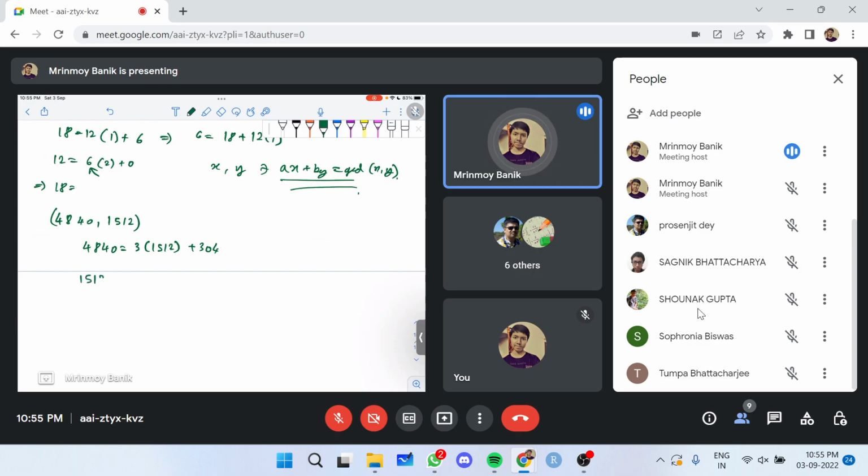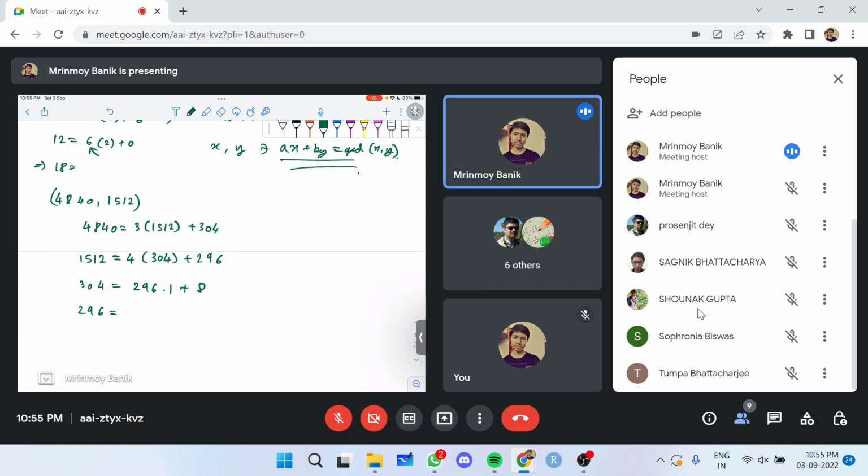Then we divide 1512 by 304, we get 4 times 304 with a remainder of 296. Then we divide 304 by 296, we get 296 times 1 plus 8. Then we divide 296 by 8, we get 37 plus no remainder.